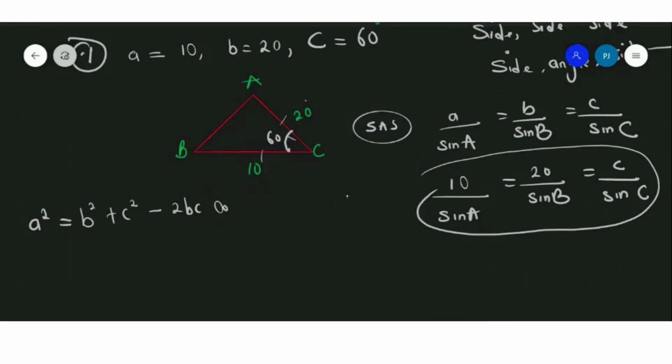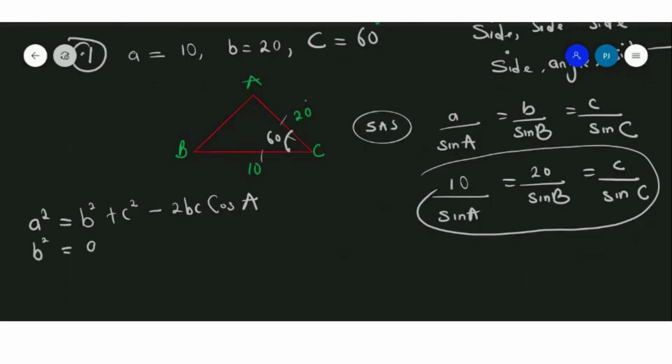So it's going to be capital letter A. For b squared, please take note of this formula.